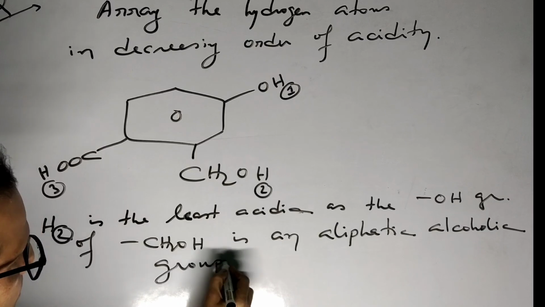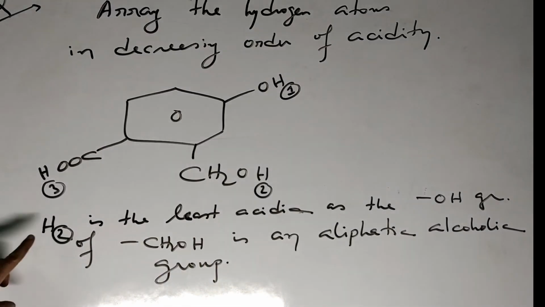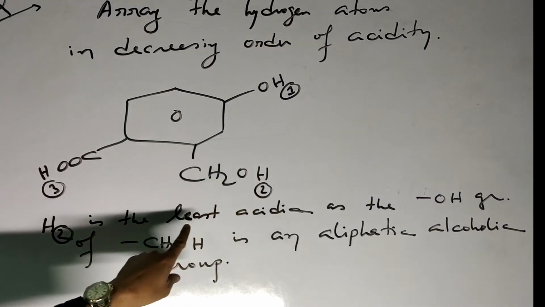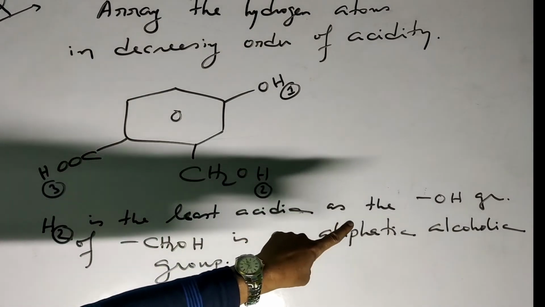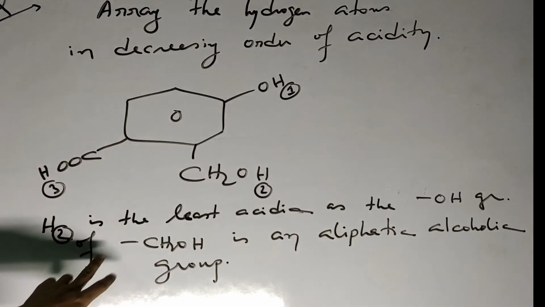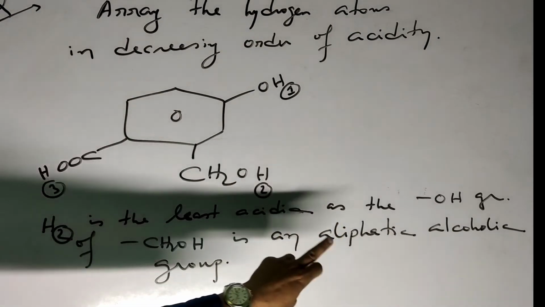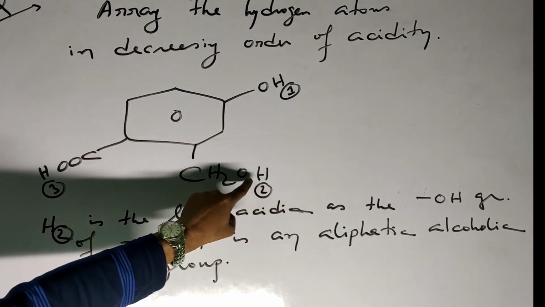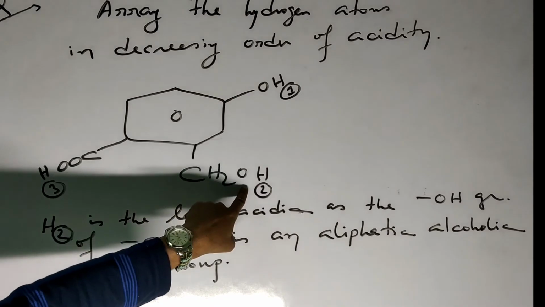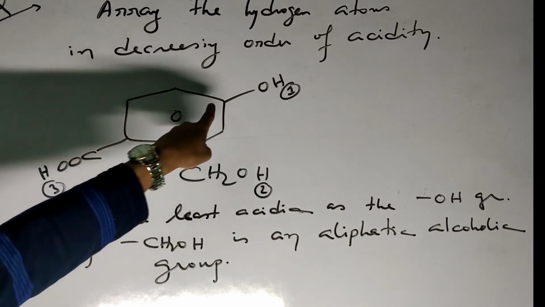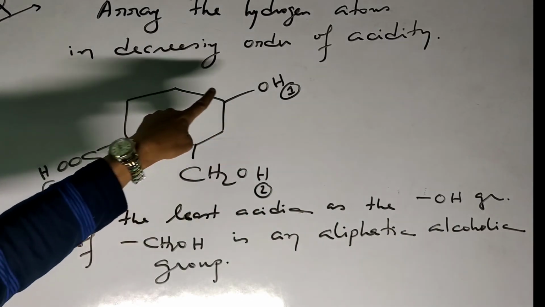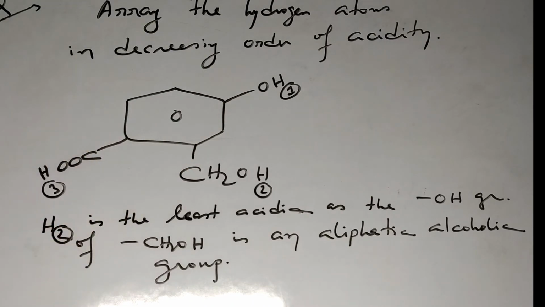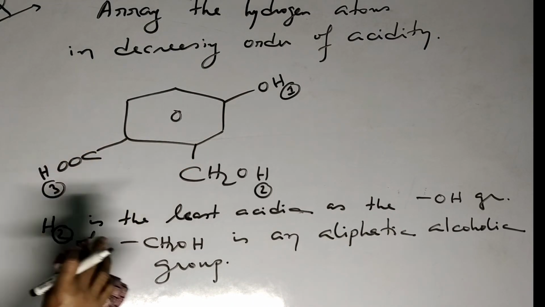So write it, hydrogen 2, this is the least acidic, as the OH group of CH2OH is an aliphatic alcoholic group. Once again, the OH group C is not directly attached to ring, so it is aliphatic nature, least acidic. This directly attached, this group, so it is aromatic in nature. Now, I think you have written it.